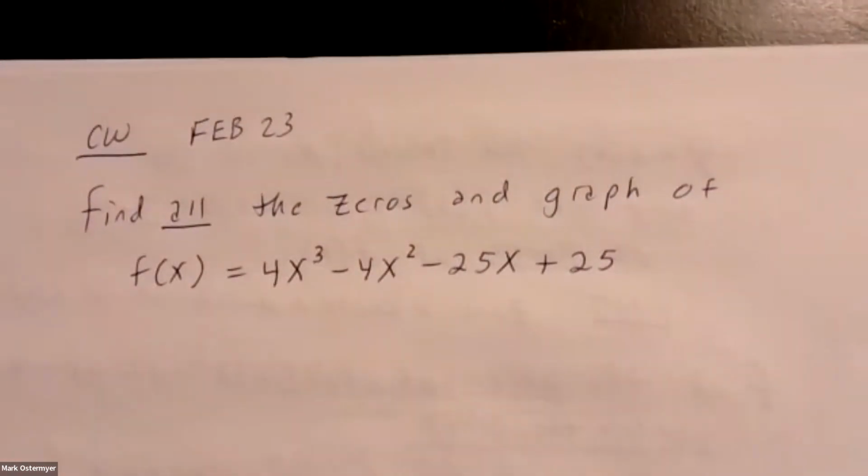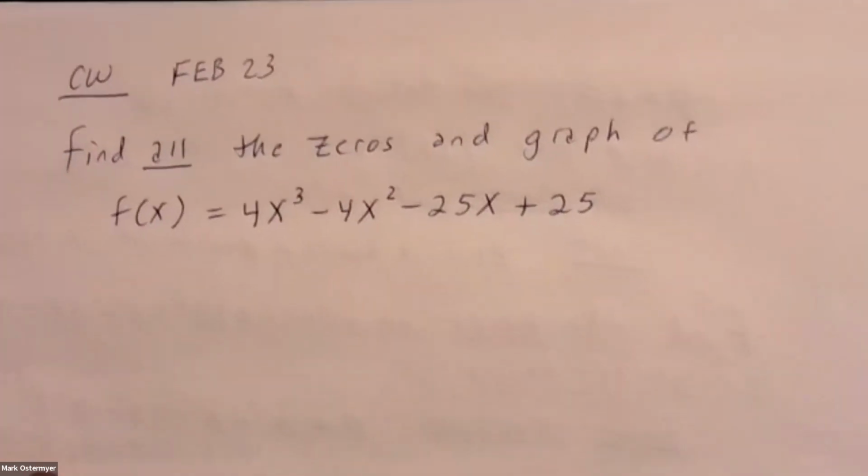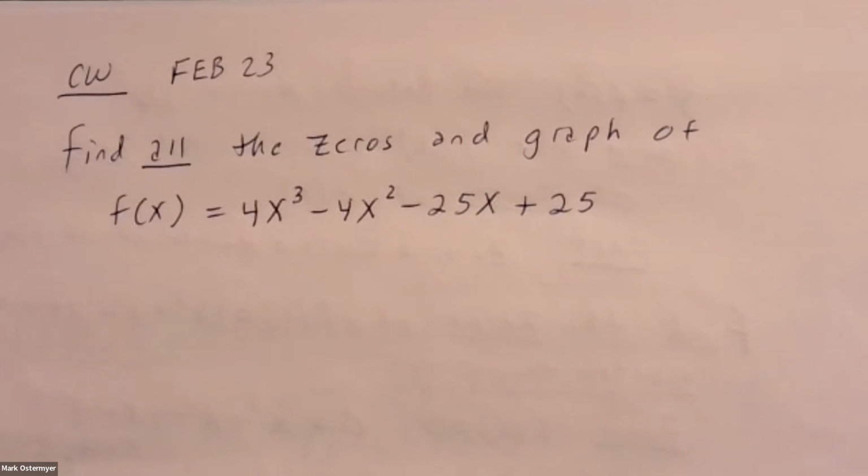Go ahead and do that problem, find all the zeros, and then sketch the graph of that function. Remember, it's just a sketch, just do the best you can with the turning points. You don't have to be precise exactly where it's turning around, okay? But go ahead, do that problem.